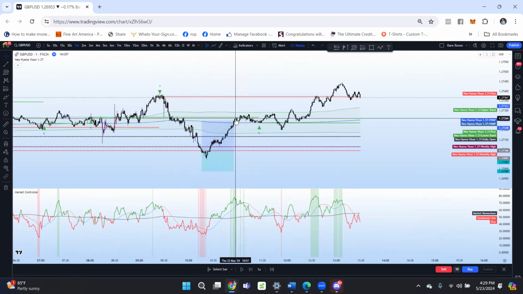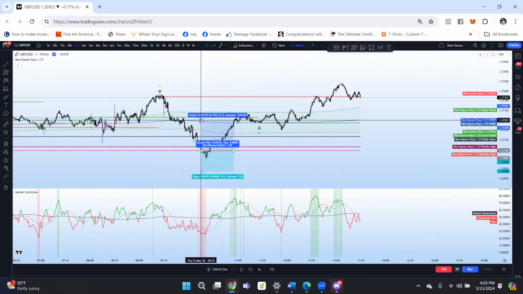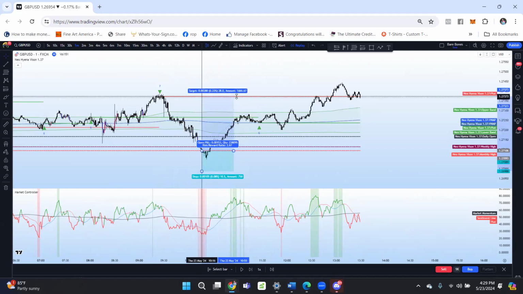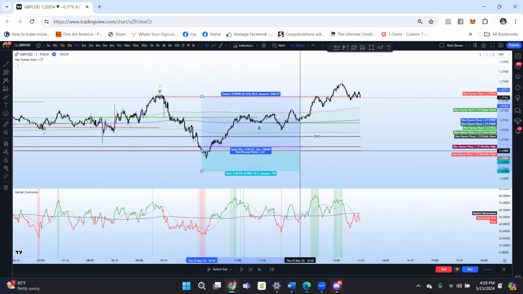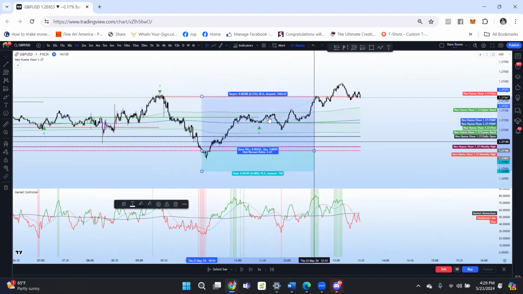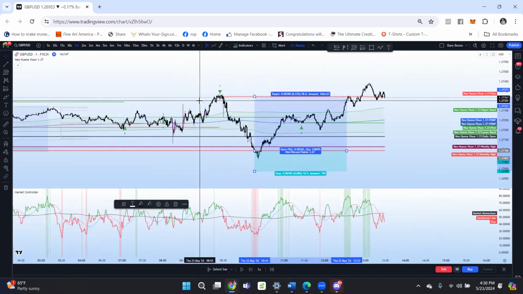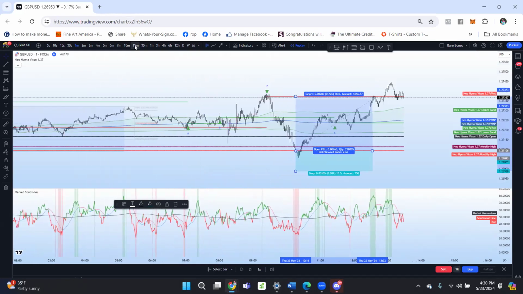But the hard part is being disciplined about following what we see in the market and not what we think and what we want to happen. Sure, you could have kept holding it, whatever. I like to take profit at the absorption lines.